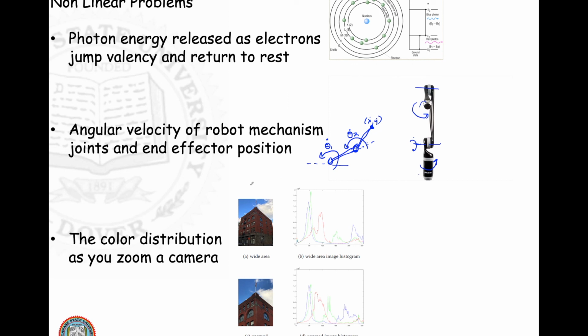Lastly, let's take a look at this image. We have two images. One is a wide area image in frame A, and in frame C, that's a zoomed in version. It's the same scene. The camera's in the same position. You just zoom in, so you're changing the focal length for that camera. Now, of course, when you do that, certain pixels in the original image will flee the image, so they'll disappear.